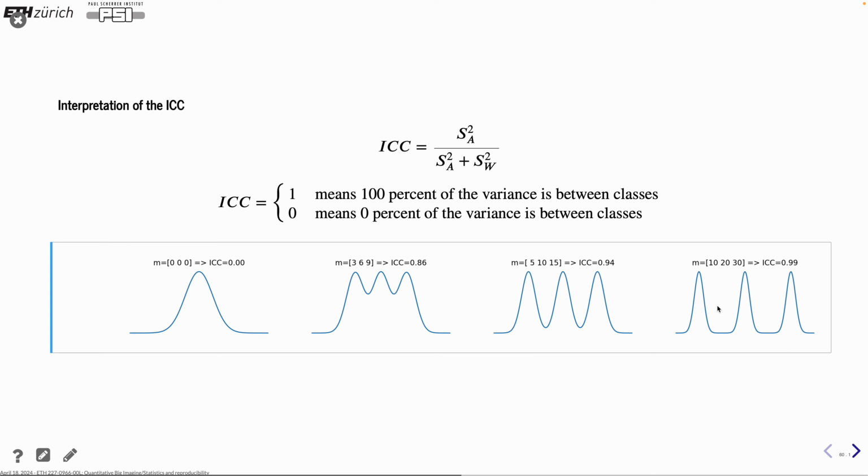And this increases, when they are completely separated, then you get an ICC of 0.99. If you would get even closer, then I believe you would have to narrow down the variance within each class, or even separate them even further.